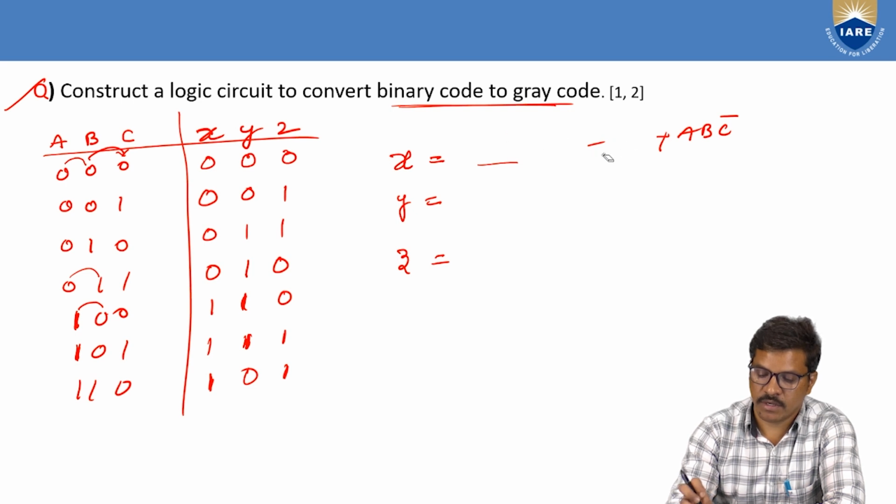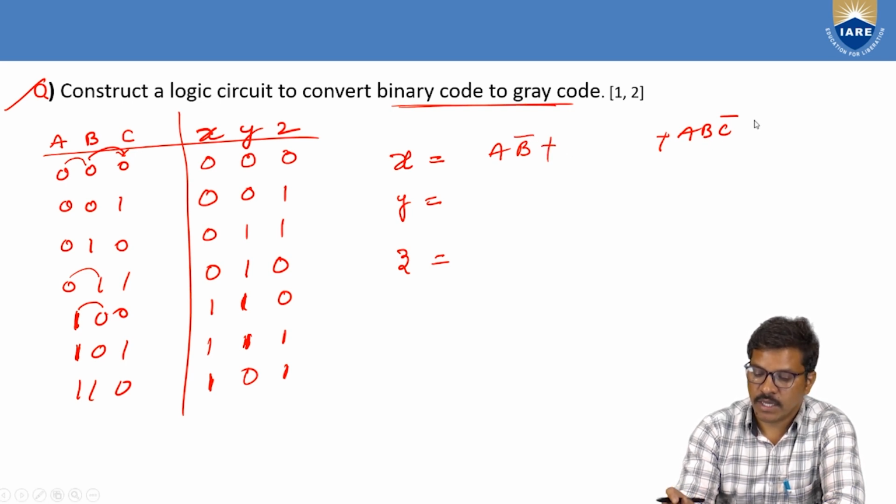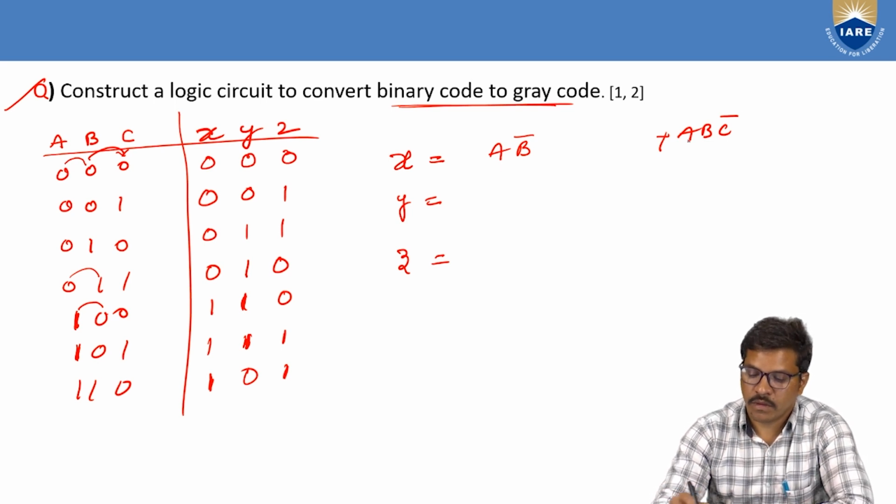So from this one, A B' plus A B C'. So the finalized Boolean function is, if A is taken common, you will get it from the K-map, it is very easy to take that one.